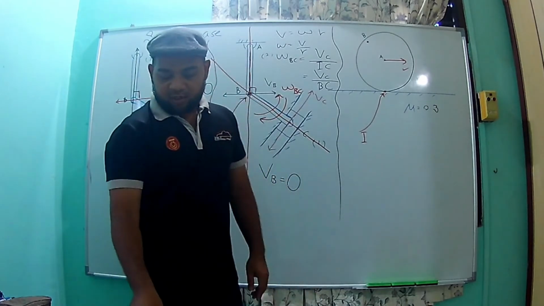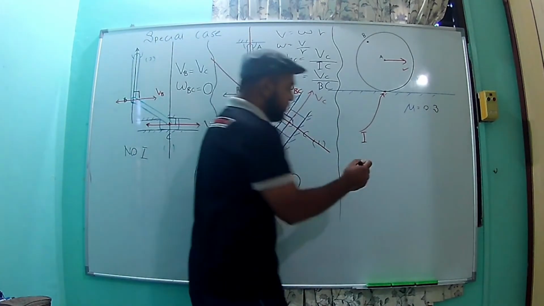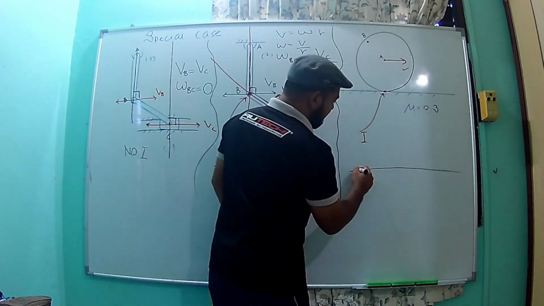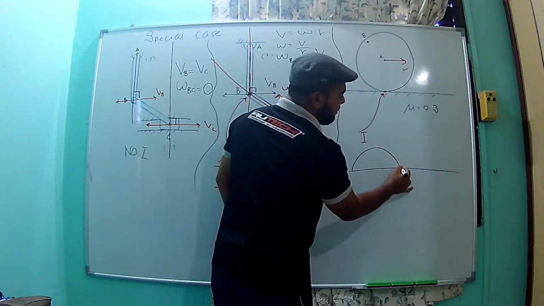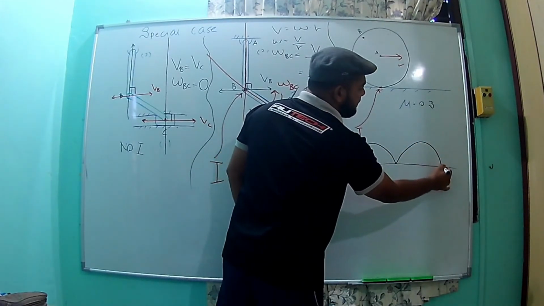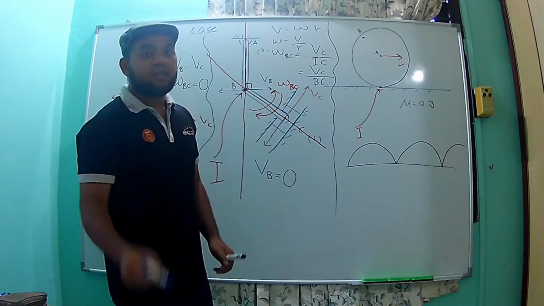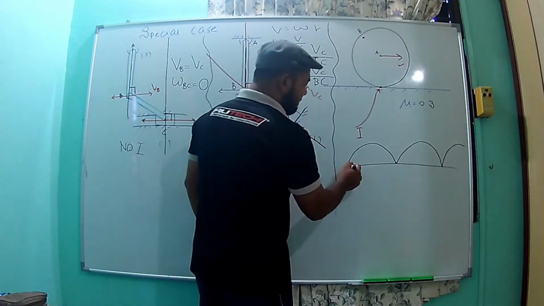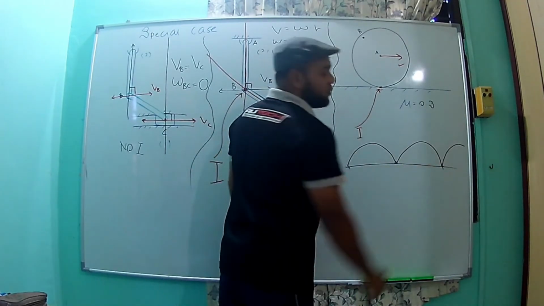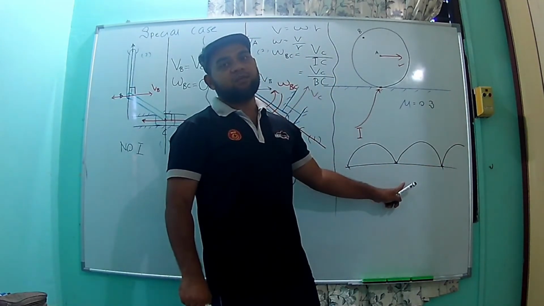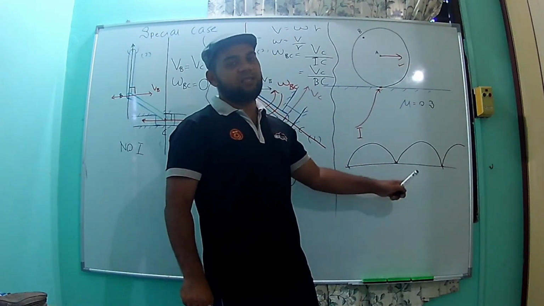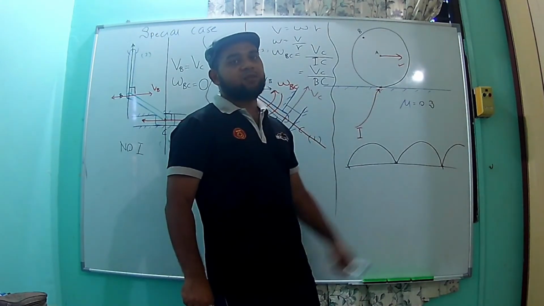The actual movement goes down, up, down, up, and you will see that the change in direction is here. So the velocity at that point will be 0. That is your instantaneous center of 0 velocity I.